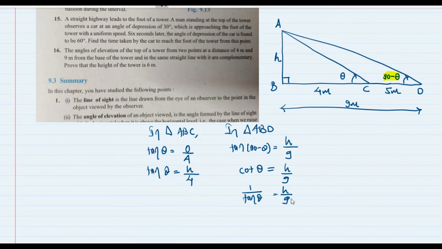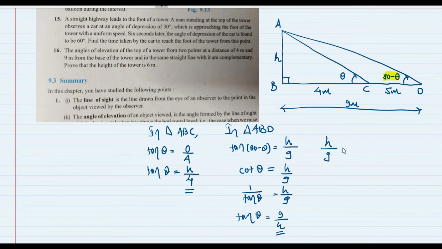So there are square relations, reciprocal relation, complementary relation. You need a little revision of chapter 8. Watch that video again. Anyways, tan theta is equal to 9 by h. So you see there are two values of tan theta. Just equate them because they both are equal to tan theta.